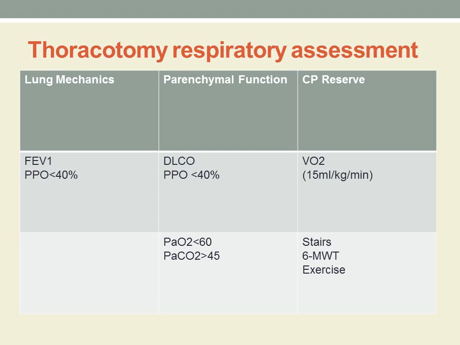So we'll recap the three-legged approach to the respiratory assessment. The first step is pulmonary mechanics, which is taking the oxygen into the body. Predicted post-operative FEV1 less than 40% is bad and it is difficult to extubate.